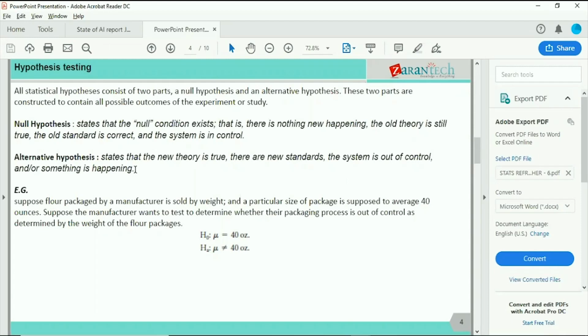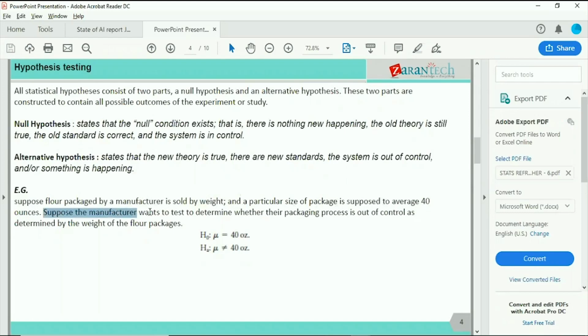Now let's take an example. Throughout this session, I'll use this example as the reference point. Suppose flour packaged by a manufacturer is sold by weight, and a particular size of package is supposed to average 40 ounces.